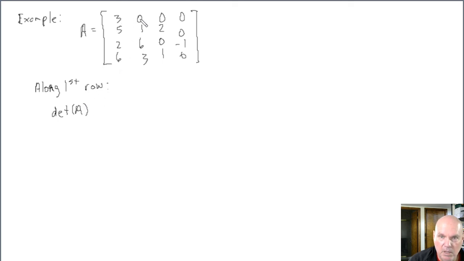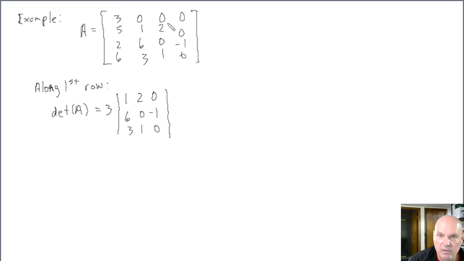Here, plus minus would be the sign assignment. So it's going to be 3 times the corresponding determinant. Now I'm starting with a 4x4 matrix, so when I eliminate that row and that column, I'll be left with the determinant of a 3x3 matrix: 1, 2, 0, 6, 0, minus 1, 3, 1, 0.